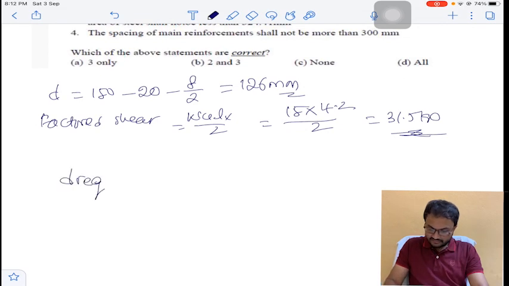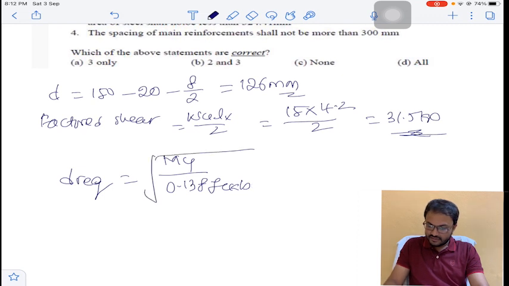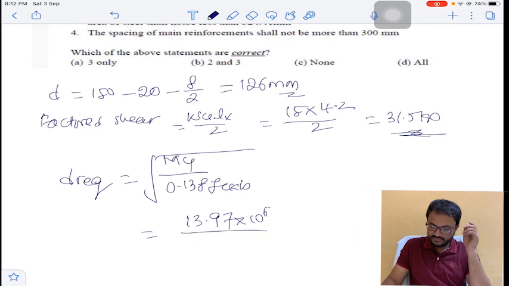d required is equal to Mu divided by 0.138 fck b d. So if you substitute the values, the maximum bending moment out of above all 4 is 13.97.